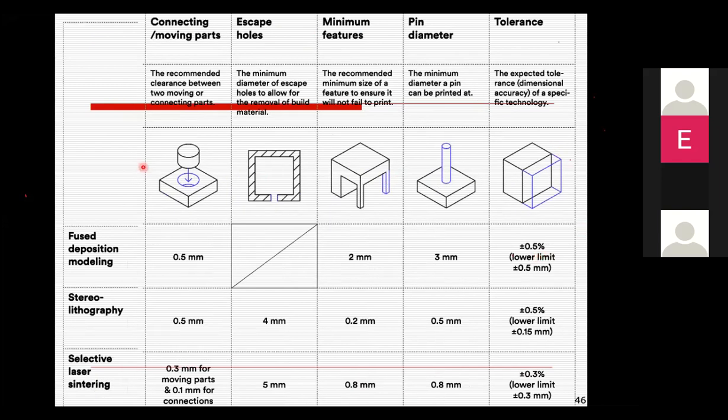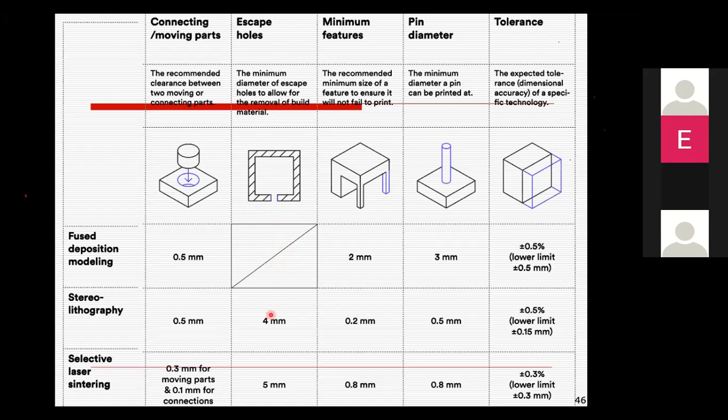And if you are having some connecting or moving parts, then what could be the recommended clearance between the two moving or connecting parts? For each and every process, you have a different value. And you have some sort of escape holes, which are not required for an FDM based system. Why? Because FDM is depositing the material.